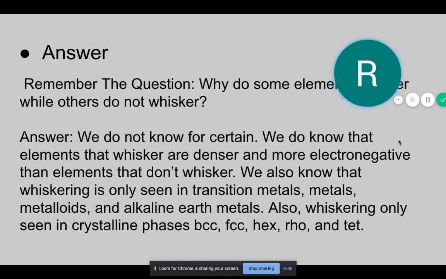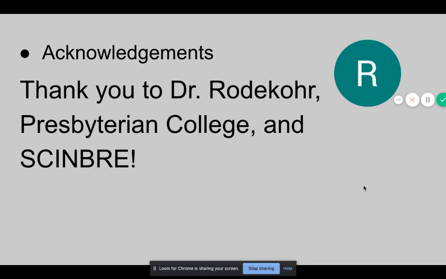Also, whiskering is only seen in crystalline phases BCC, which is body-centered cubic, FCC, which is face-centered cubic, hex, which is hexagonal, rho, which is rhombohedral, and tet, which is tetragonal. And so those are our conclusions.